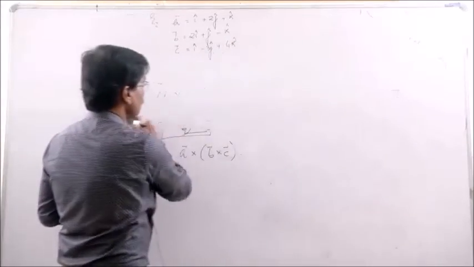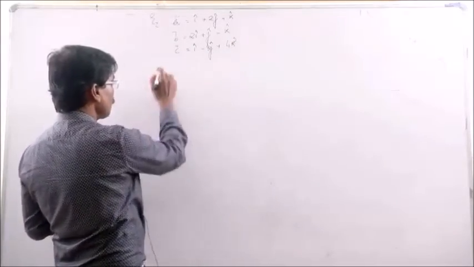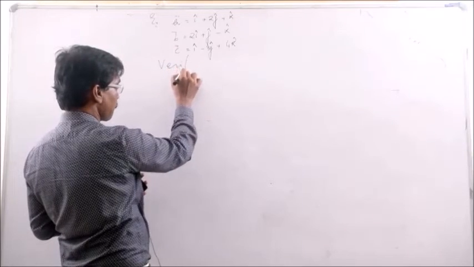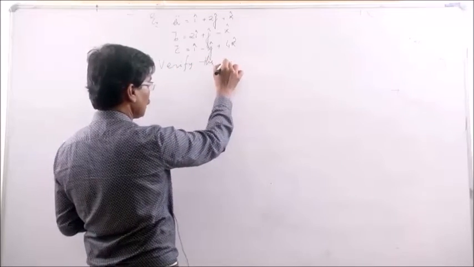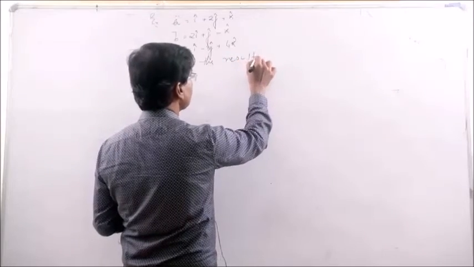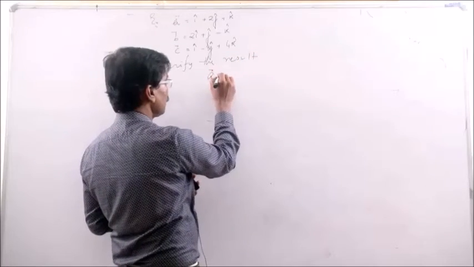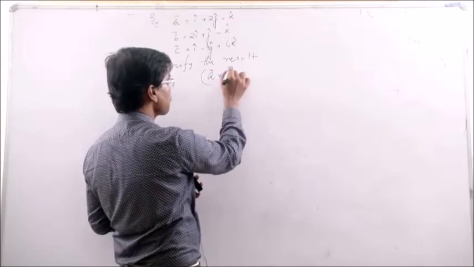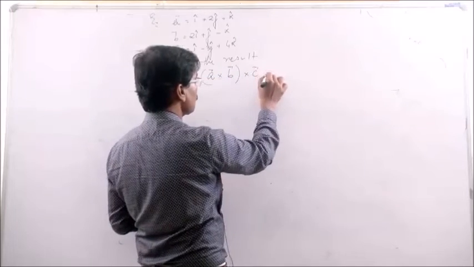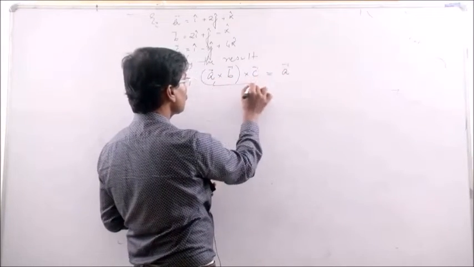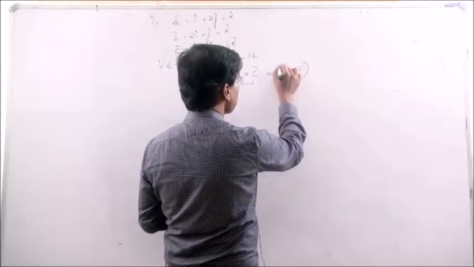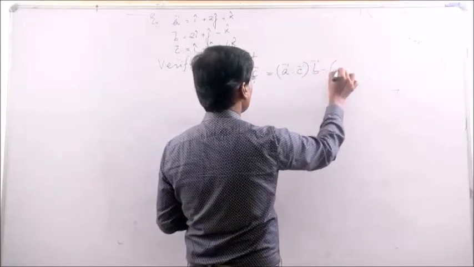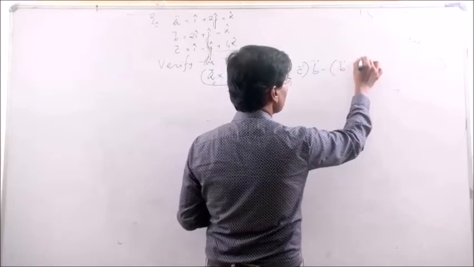And it is asked to verify the result A cross B cross C is equal to A dot C into B minus B dot C into A.